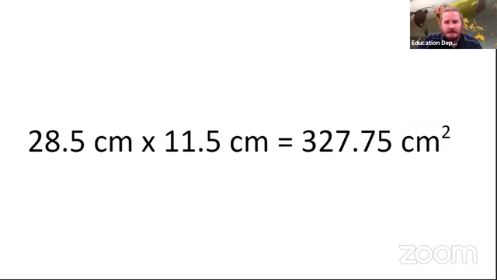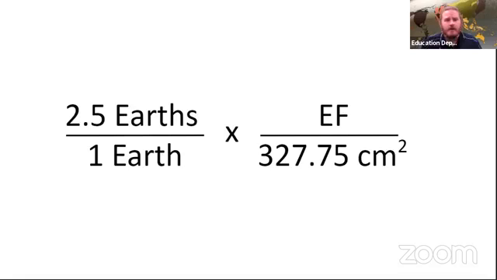I multiplied those to get a total footprint area of 327.75 square centimeters. And now I'm going to multiply the area of my foot by my ecological footprint.